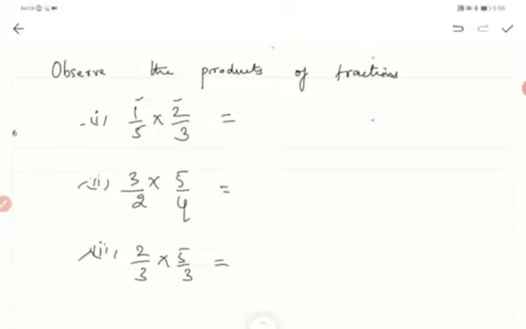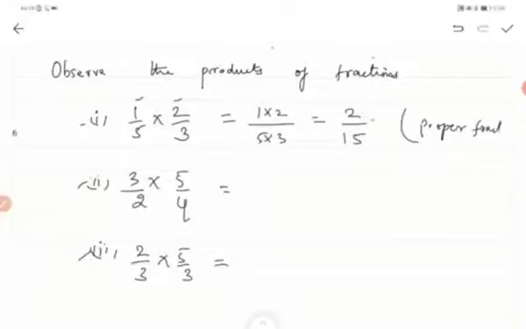So we are multiplying two proper fractions, 1 into 2 by 5 into 3, numerator into numerator, denominator into denominator. So this will be 2 by 15. Okay, these two are what? Proper fractions.